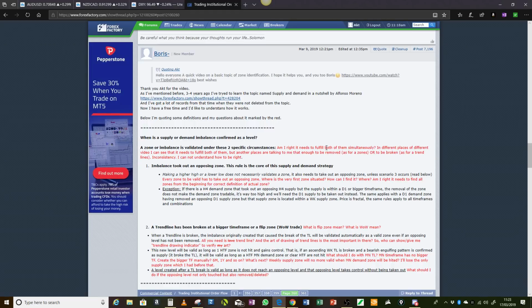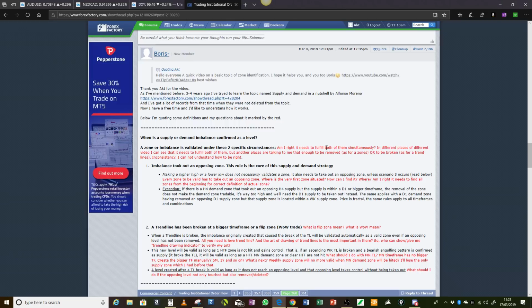How did prices leave that level? Was it in a strong fashion or was it in a slow, sort of thoughtful, not so explosive move away? How far prices moved from that level is also a consideration. So if prices moved very rapidly away and moved very far away without having come back to the level, that's also something that we look at.